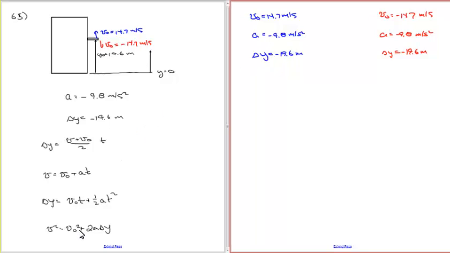So which ones involve V? Here's delta y, a, v0. Now the thing is that when you take this, you square these, you kind of lose their initial direction.